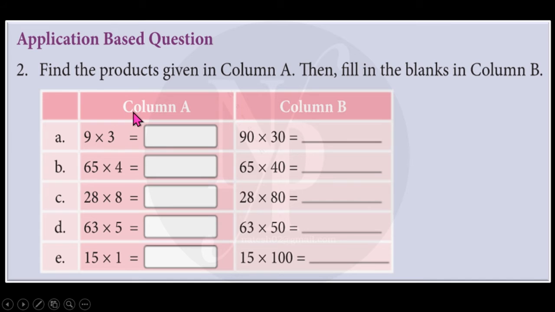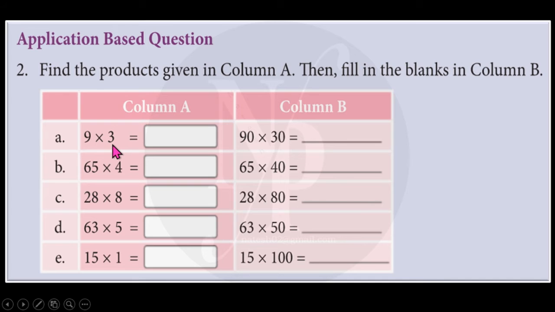The spelling is C-O-L-U-M-N. It should not be read as column with the N sounded. N should be silent. So we should just read it as column. So column A and column B. In these two columns we are given some numbers to be multiplied.